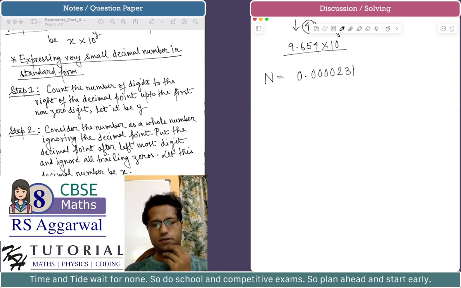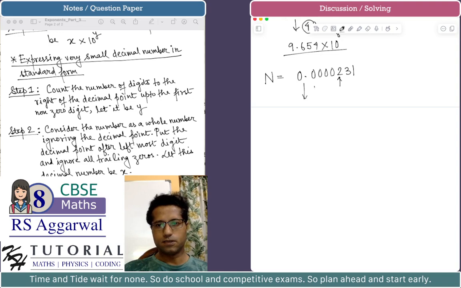count the number of digits to the right of the decimal point up to the first non-zero digit, let it be y. You have a very small number, so definitely it will be a decimal number. You have a decimal point. Count the number of digits up to the first non-zero digit. In this example, it is 2. How many digits are there up to 2 to the right of the decimal point? 1, 2, 3, 4, 5.